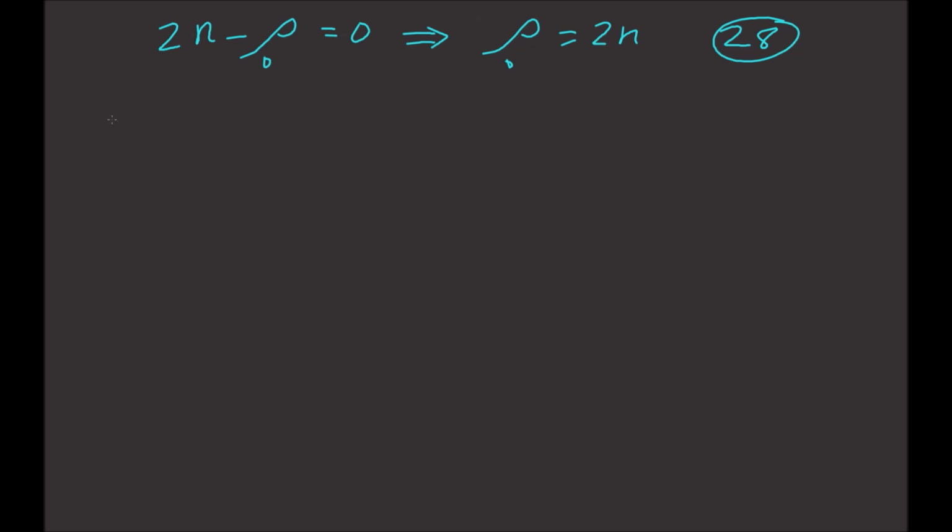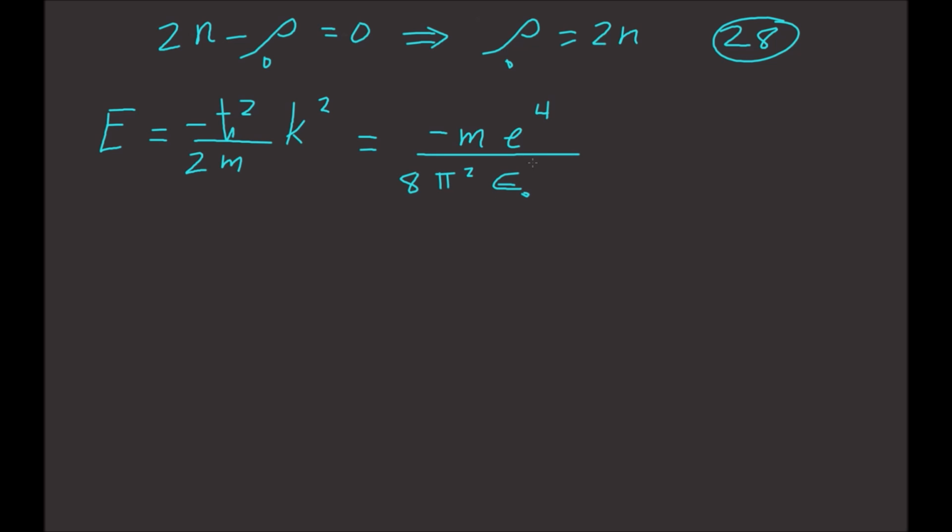So going back to these equations and solving for e, we get e equals minus h bar square divided by 2m times k square, which means that we have minus m e to the 4th divided by 8 pi square epsilon naught square h bar square rho naught square.